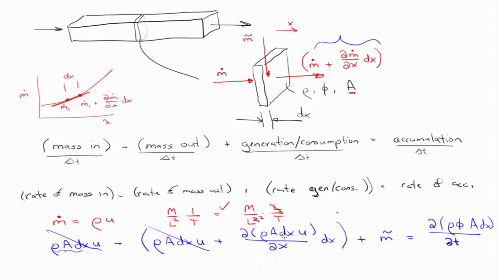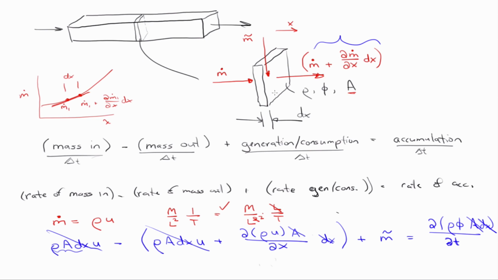Seems I have an extra dx term there. So those two terms cancel, and then I can cancel these on both sides of the equation.